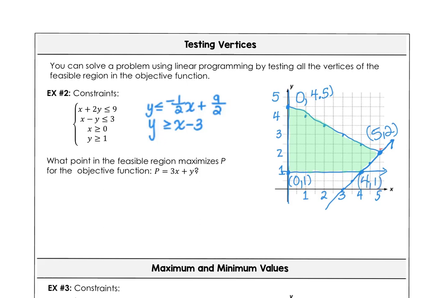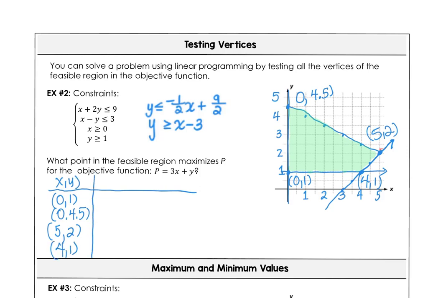So I like to make a table that's going to include those x, y coordinates: (0, 1), (0, 4.5), (5, 2), and (4, 1). And then we're going to substitute those x and y values into our objective function, which is 3x plus y.